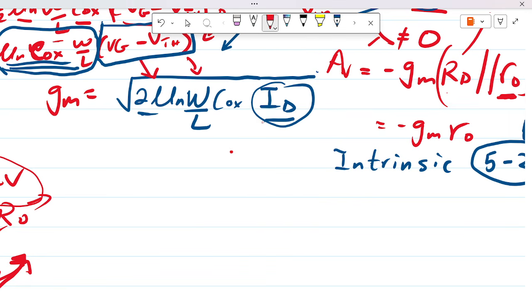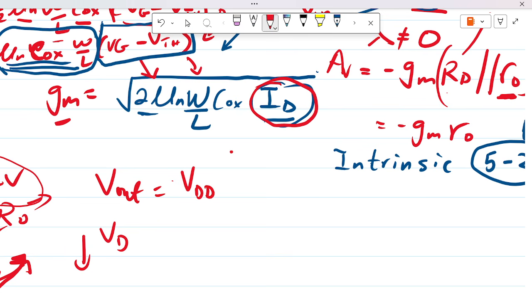So you know that we could increase GM by increasing ID, or, which will be bad, we know that from Vout, Vout is VD, and we don't want the VD to drop into triode region. So VDD minus ID RD. So if I increase RD too much, the device might go into triode region, and if I increase ID too much, the device might also go into triode region.